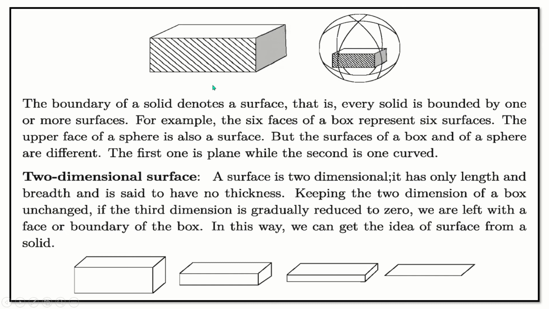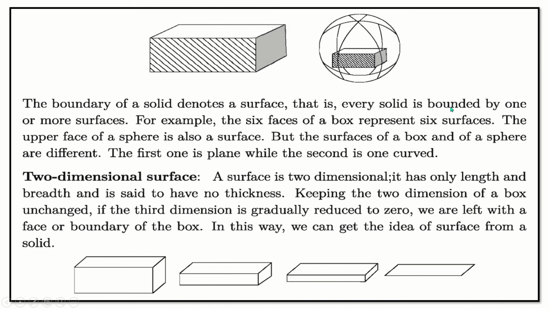Follow the figure. The boundary of a solid denotes a surface. Take the brick here: this is a surface, this is another surface, this is another surface, and this side is also a surface.